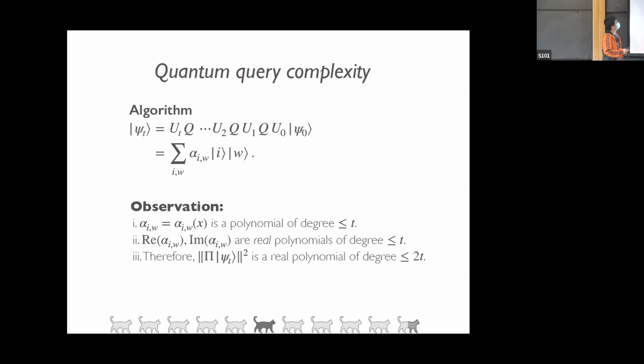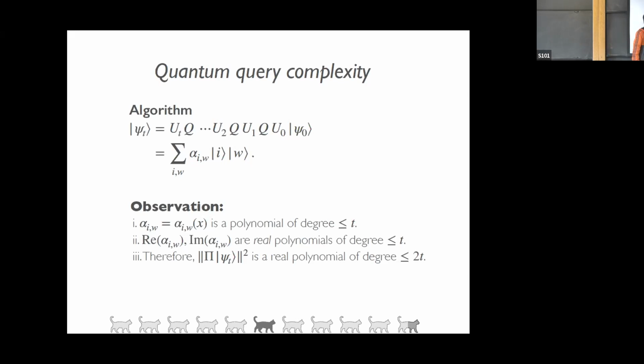When you use t queries, the degree is at most t. Analogously, if you only look at the real part of an amplitude or the imaginary part, they are real polynomials of degree at most t.